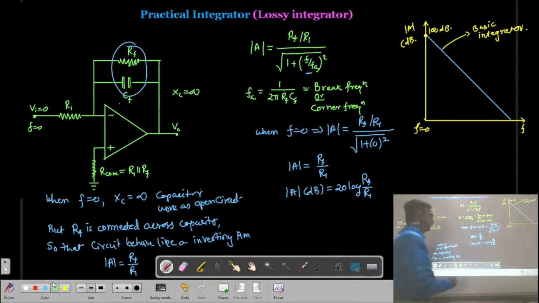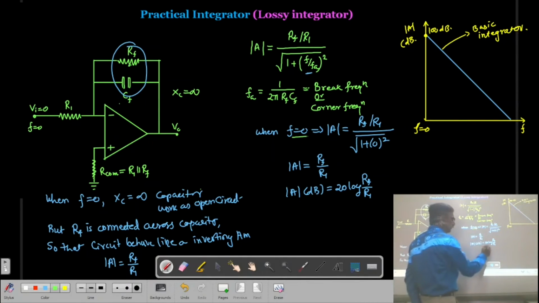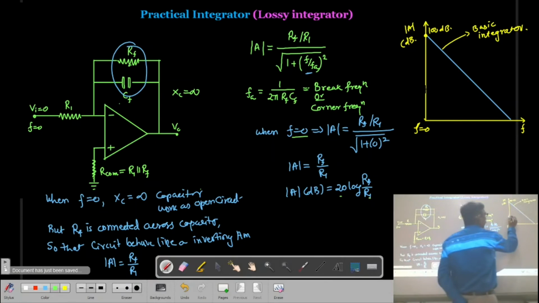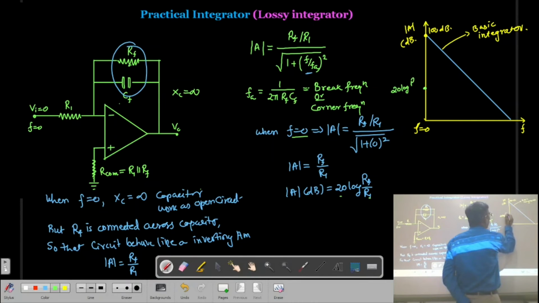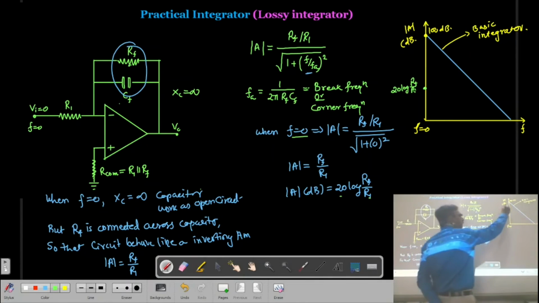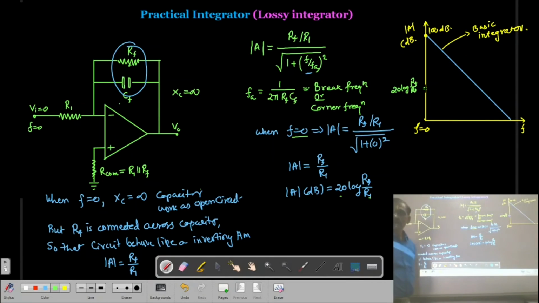Now you can see at f is equal to 0, the gain is given by 20 log Rf by R1. So somewhere here you will get this point of 20 log Rf by R1. So the gain is reduced from 100 dB to 20 log Rf by R1.